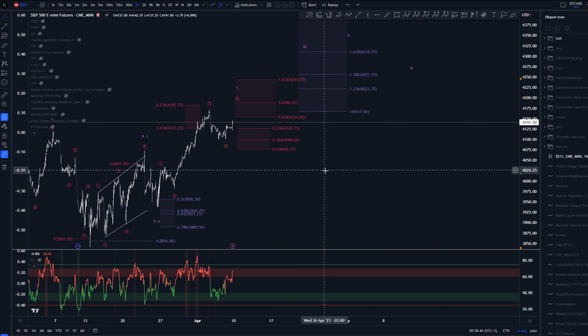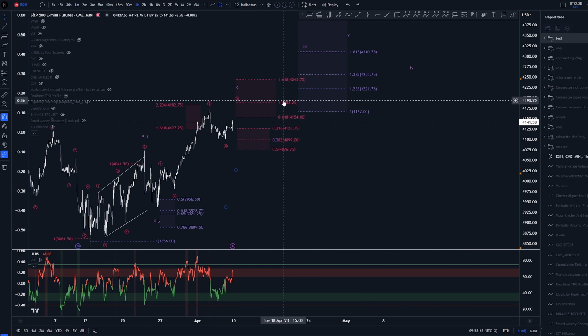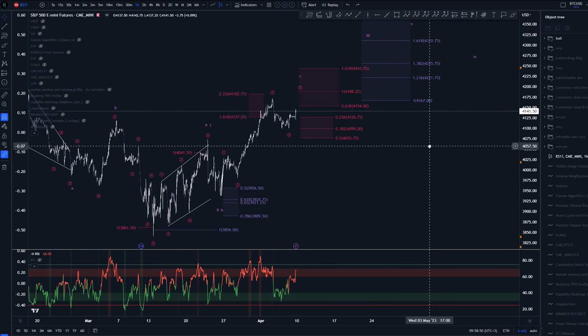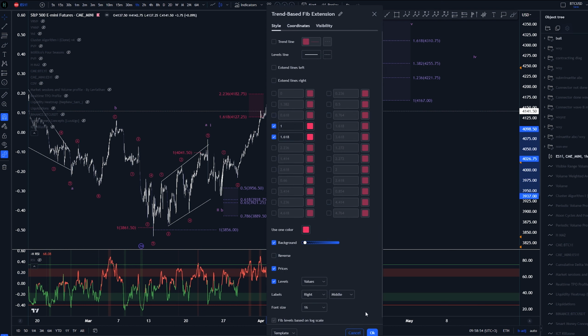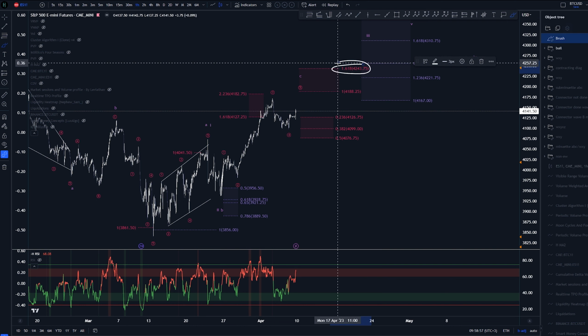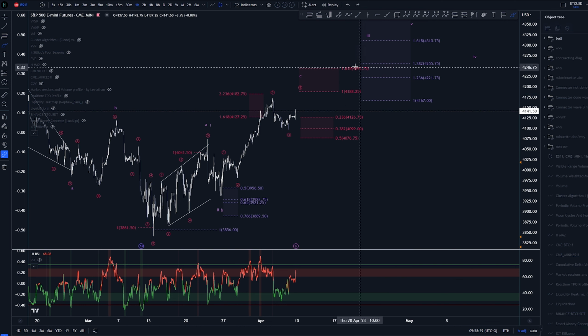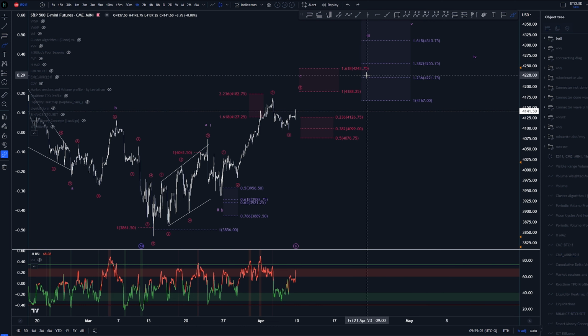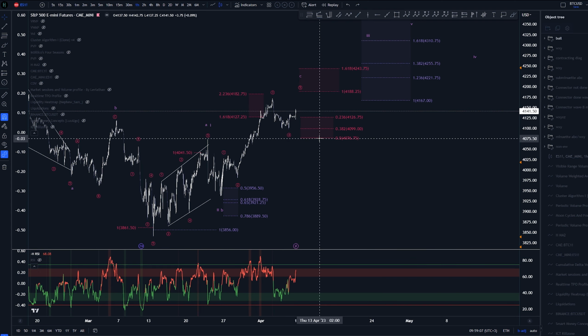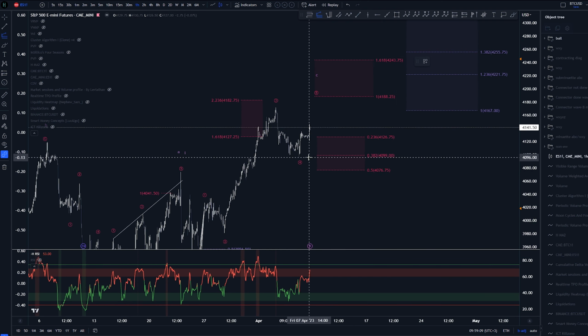At the moment, I'm expecting these highs to be taken out. This 1-to-1 here is the comparison to this wave 1, which is generally one of the targets that we have for fifth waves, and the 1.6 is another one. Neither of these is actually hitting any of the higher degree targets here, which is kind of weird. So there is of course a chance that we're just going to be extending a bit higher.